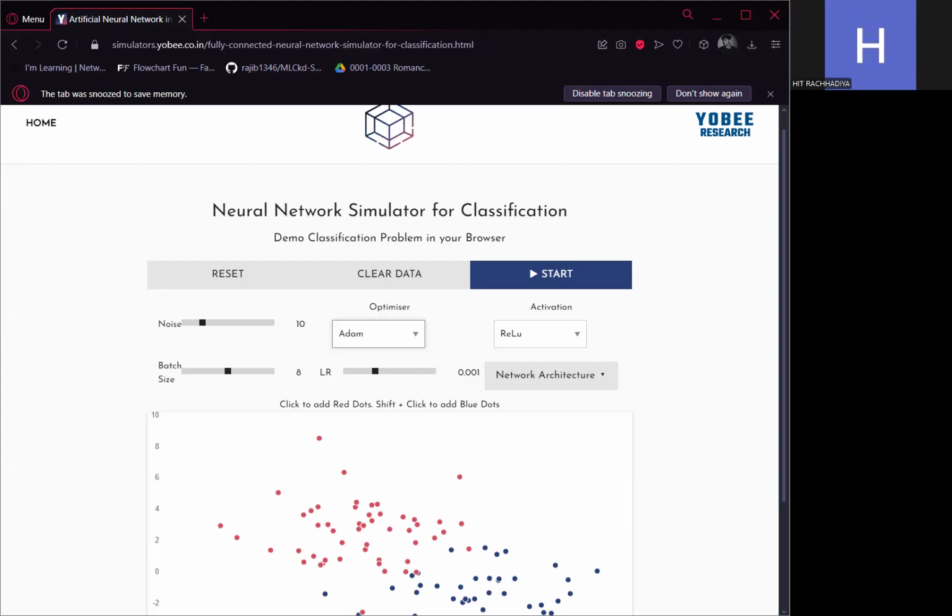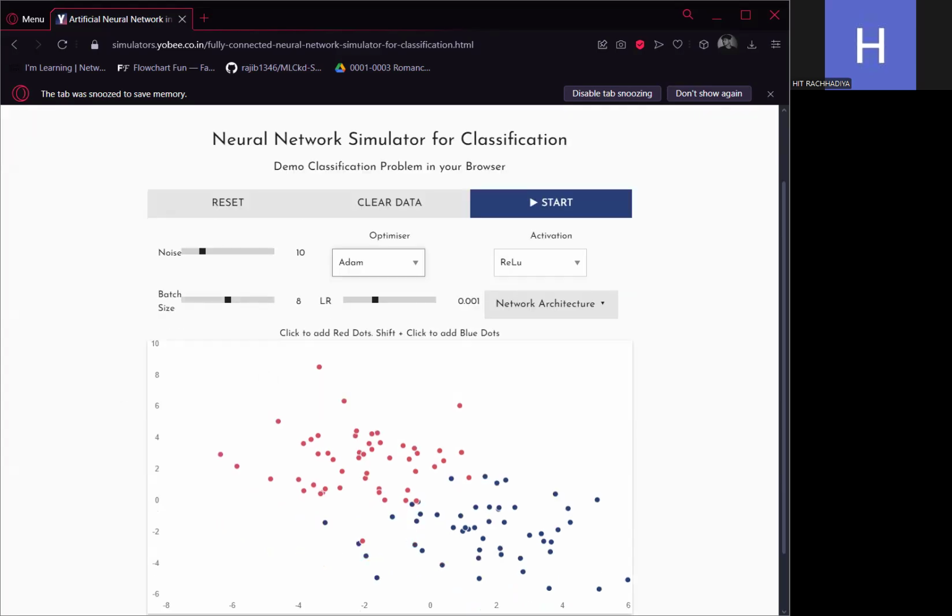Batch size determines the number of samples used to compute gradients and update the model weights in each training step. There are some types of batch size, but in this simulation there is a slider for putting the values in numerical form.